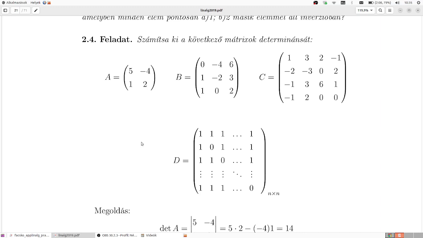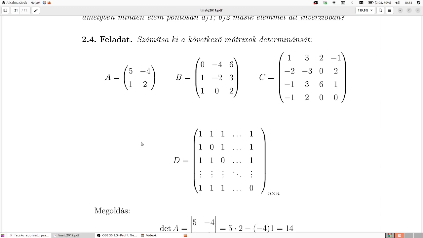With appropriate transformation, you can do this Gauss elimination. Now I will not forget, I change the rows. Here is the sign. Okay?